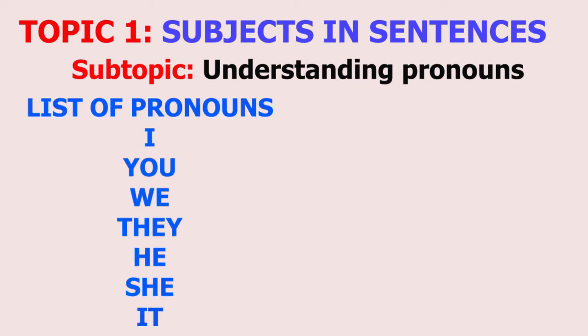These are very important subjects because when you want to speak English, you must make sentences, and these sentences normally consist of various subjects. As I have said, these subjects include these pronouns. So let us explore what these pronouns mean.